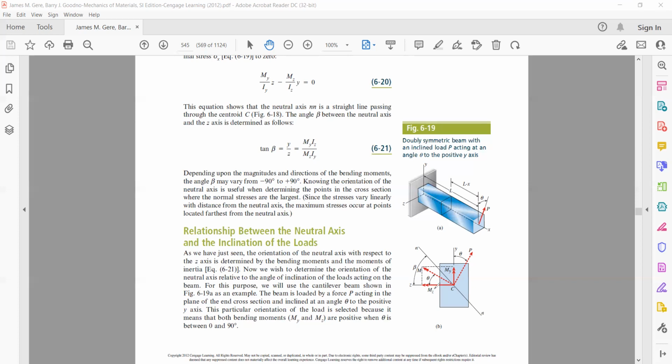The influence of My and Mz at any point A here will be creating positive stresses only, no compressive stresses. You try to see it. It creates only positive stresses, no compressive stress.